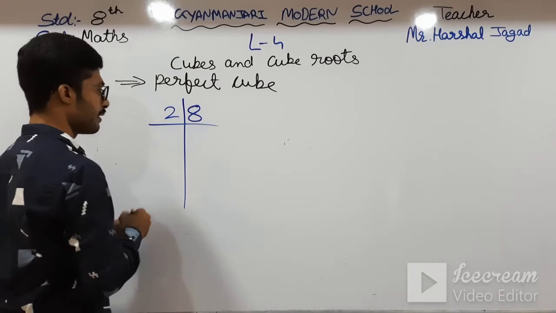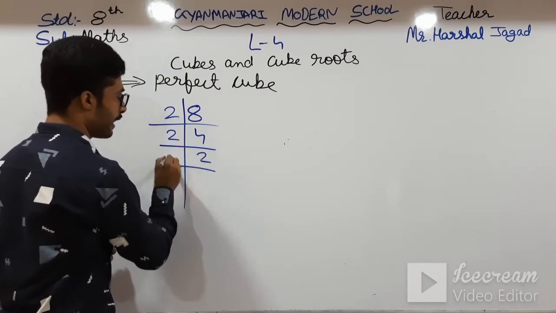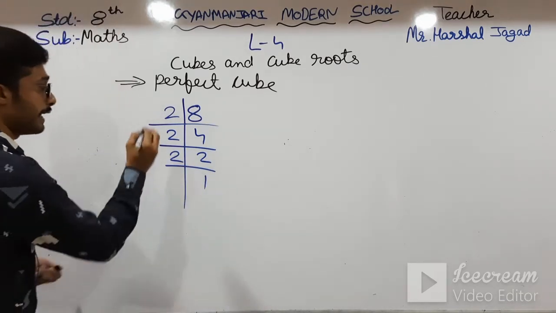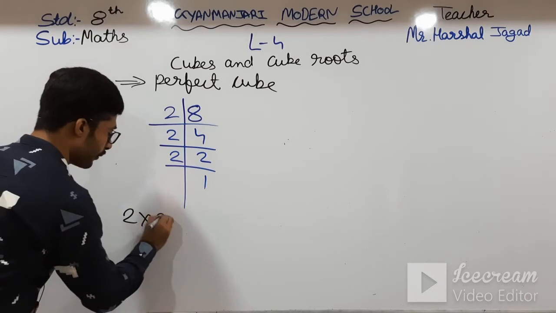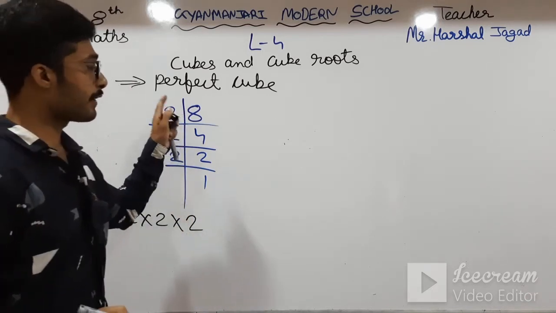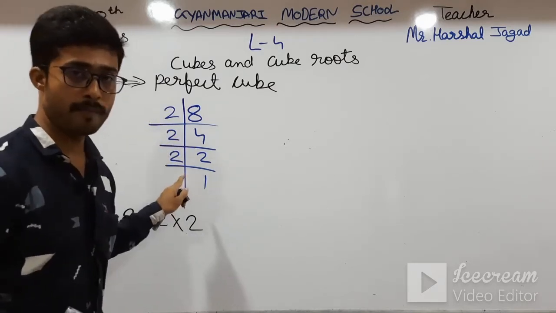So, what are the factors of 8? That is 2 into 2 into 2. So, this is the perfect cube. Okay, students, this is the perfect cube.